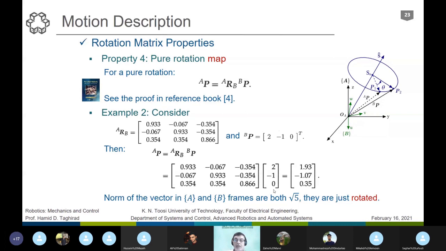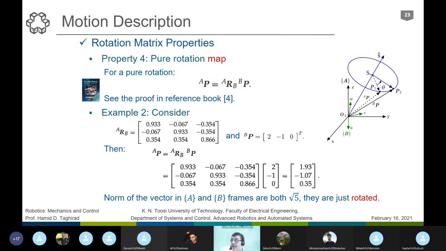A vector here has moved to another vector, a representation here has moved to another representation there, without changing the size. This is quite expectable from the mapping that we are doing. Rotation mapping just rotates the vectors; it doesn't magnify or decrease the size of the vector.